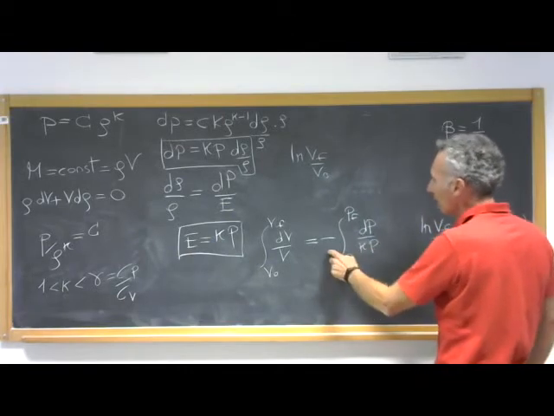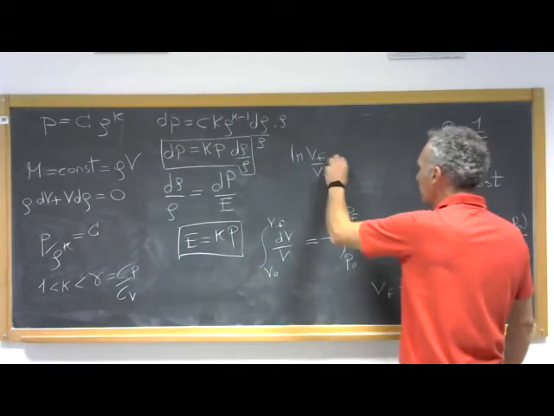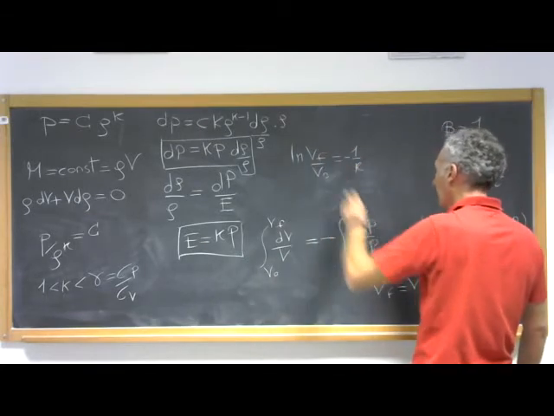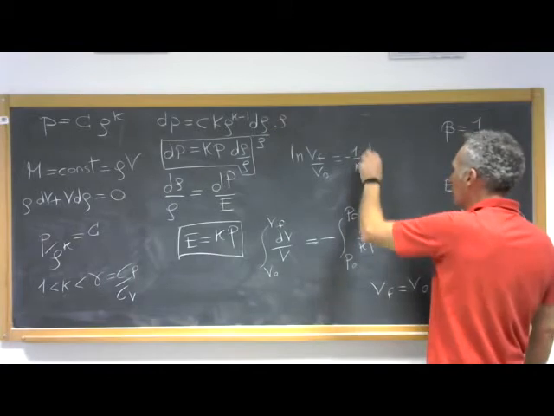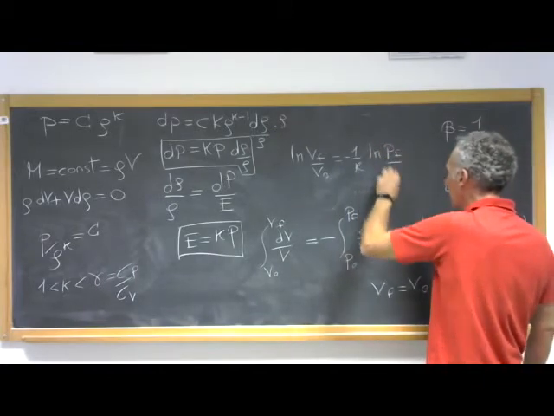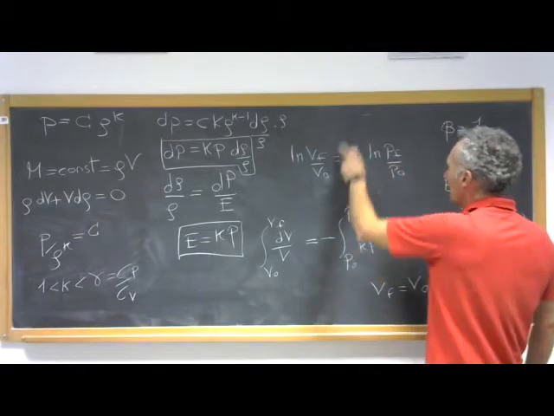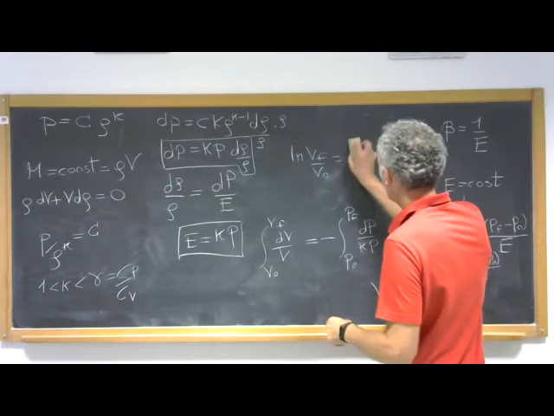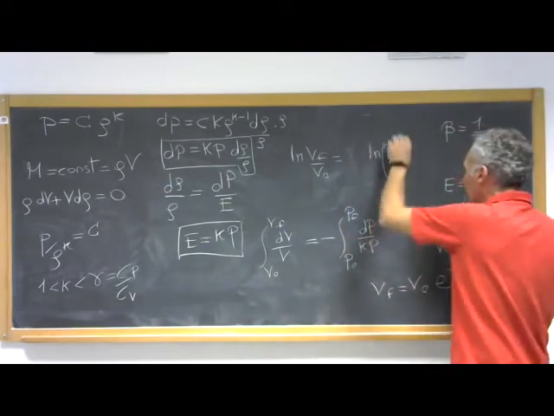Now K is a number I can bring out, and then this would be minus 1 by K dP by P, which once integrated is logarithm of P final by P naught. But since this is a logarithm, I can absorb this constant into an exponent.